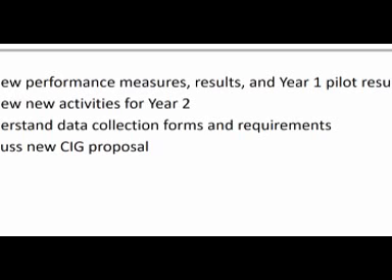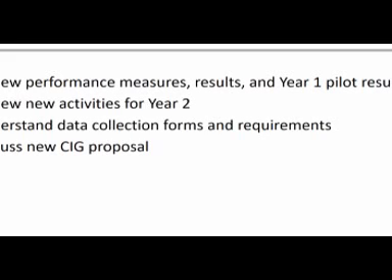Let's start off with the objectives here. We're going to look at some of the performance measures, the year one pilot results, just briefly to get us all on the same page of where we were at after the end of the first year. Then we're going to talk about the new activities for year two and understanding the data collection forms and requirements, which is the real big piece.